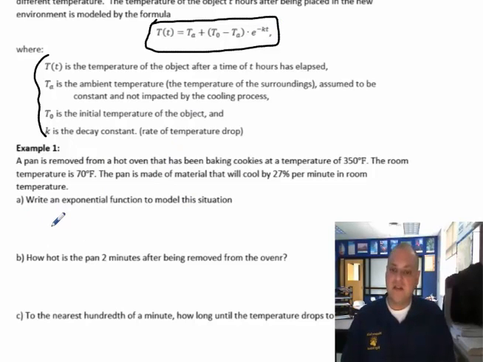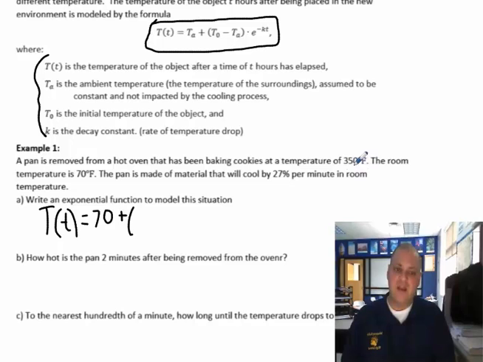T of T equals, now T A is my ambient temperature. That's the temperature of the room, 70 degrees, so 70, plus T sub 0, that initial temperature.